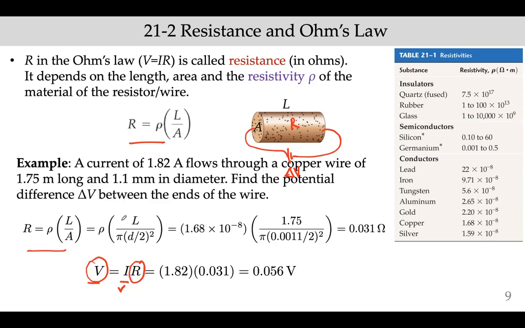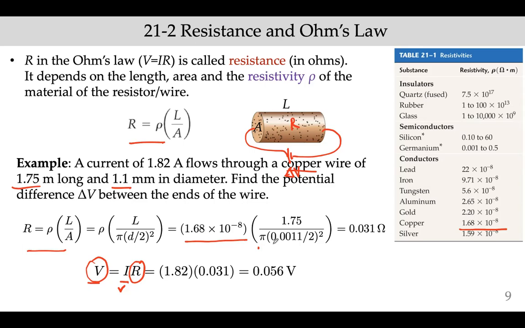The resistance: this wire is made of copper, so the copper resistivity is here, which is this value, and we multiply by the length of the wire. Then we have to calculate the area, which is pi r squared. Now, this diameter is in millimeters, so first we have to convert it to meters.